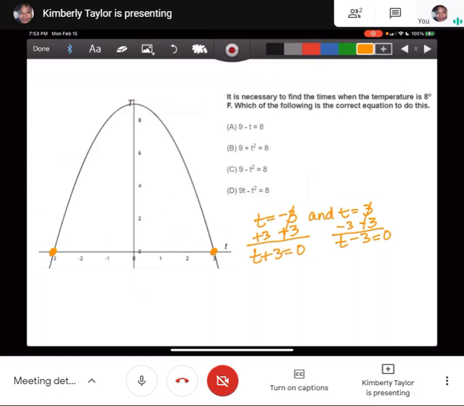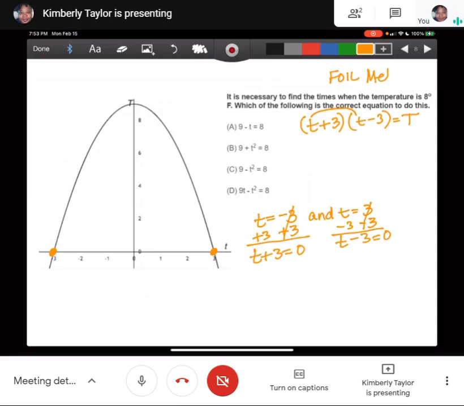So I'm going to put these two together because it is a parabola. So you got t plus 3 and t minus 3 is equal to capital T. And so far I don't see that answer, but if I distribute, or in this case, some of y'all might know this as the FOIL method.